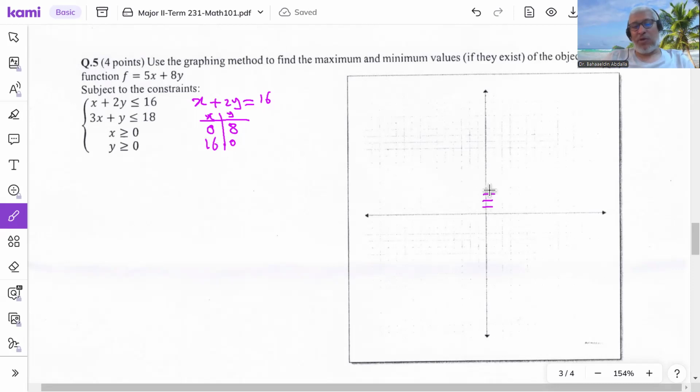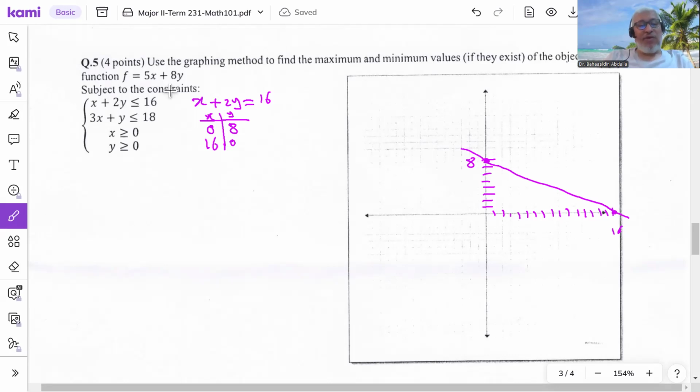So 1, 2, 3, 4, 5, 6, 7, 8. So this is the point 0, 8, and 1, 2, 3, 4, 5, 6, 7, 8, 9, 10, 11, 12, 13, 14, 15, 16. So this is the point 16, and the line is passing by these 2 points.